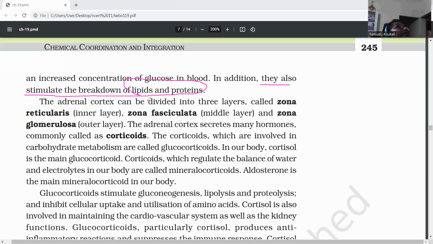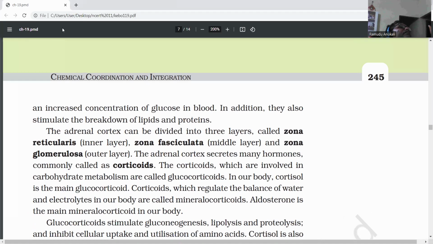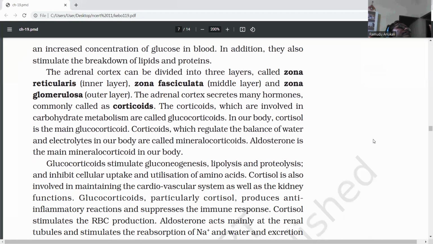Now let us go to the adrenal cortex. The adrenal cortex is located outside of the adrenal gland, in the peripheral region. It is divided into three layers called zona reticularis, zona fasciculata, and zona glomerulosa.